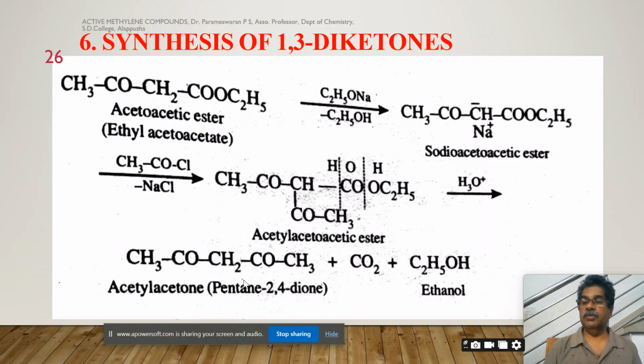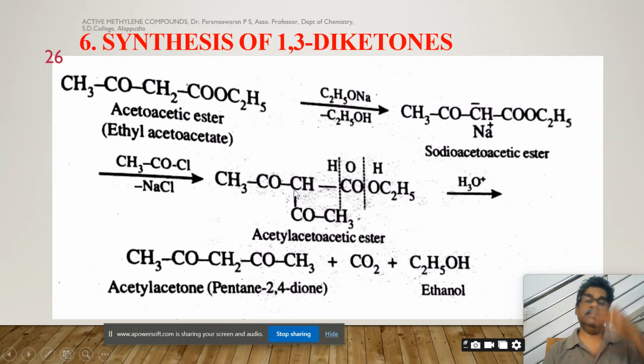We earlier prepared a keto acid. Okay, so look here, this is treated with sodium ethoxide. So one of the active hydrogens is replaced, which is then treated with CH3COCl. So here this Cl and Na+ are removed. Now CH3CO is connected to the active methylene carbon. So what we have is CH3 CO CH CO OC2H5.